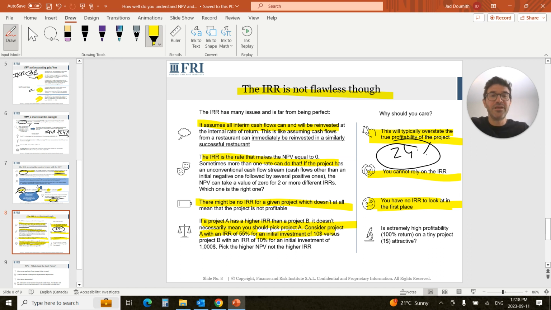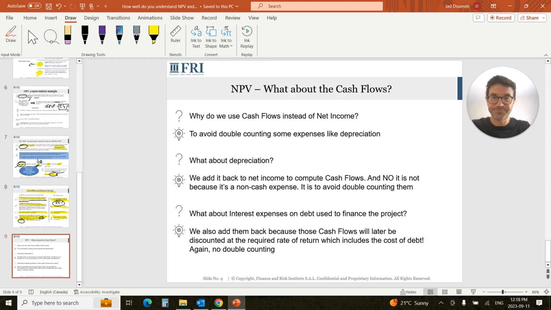So you're basically achieving 55%, which is an amazing rate of return, but on a very small investment amount. I'm sure you'd be much more interested in going into project B with only a 10% IRR, but a much larger initial investment amount, which would translate into higher profitability and higher shareholder value creation. And this is also a drawback for IRRs.